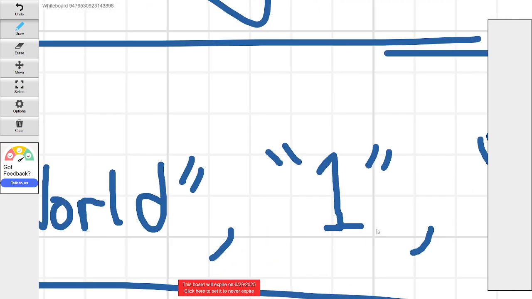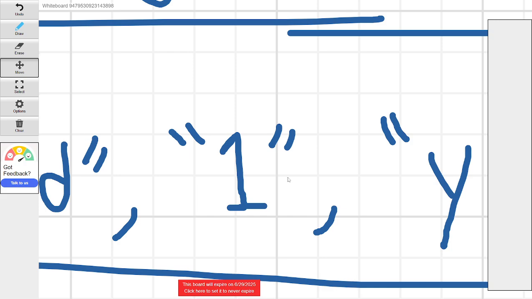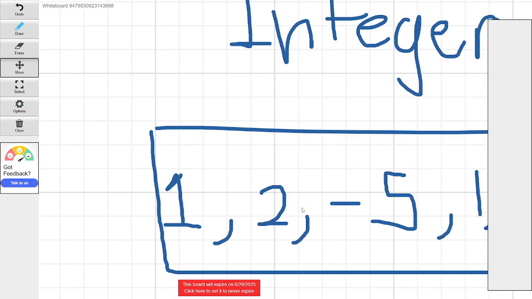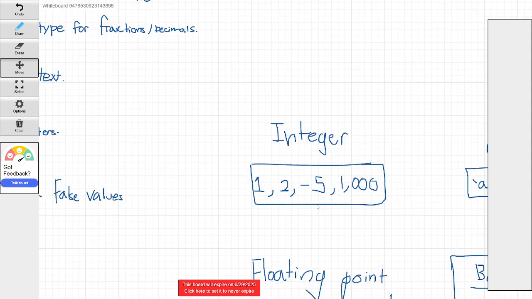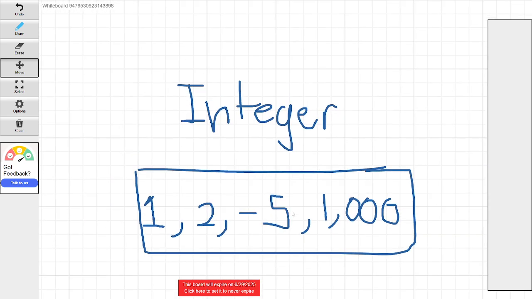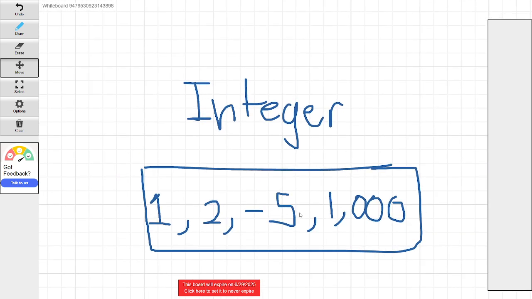You can also use 1 or any number. This is an interesting concept. You have your integers here, right? They're just represented as numbers, no quotations or anything. You can do math with integers. You add things, subtract things, you can count with integers.